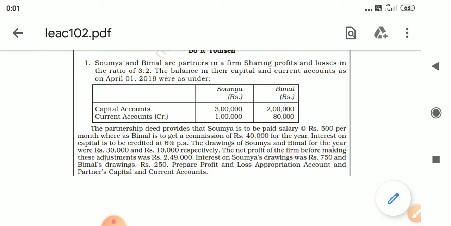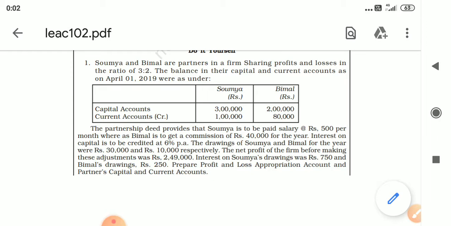The net profit of the firm before making these adjustments was rupees 2,49,000. Interest on Soumya's drawings was rupees 750 and Bimal's drawings rupees 250. Prepare P&L appropriation account, partners' capital account and current account.